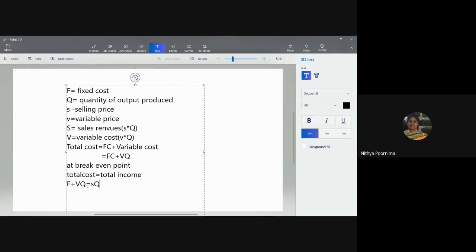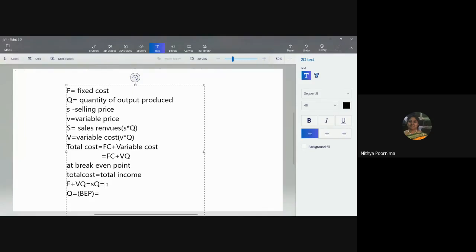For us this Q is the break even point quantity that we are going to find out. I'm taking Q common. Let me make it more simplified for you here.